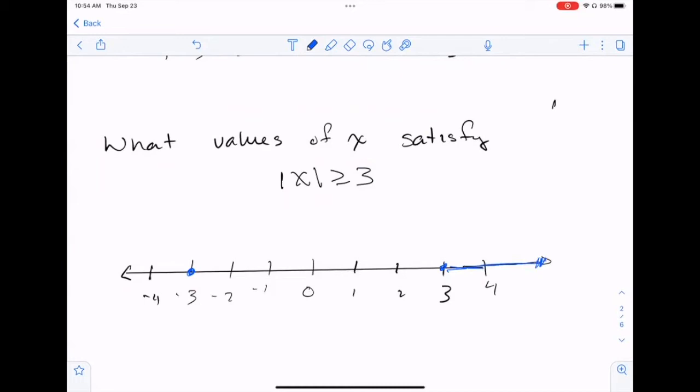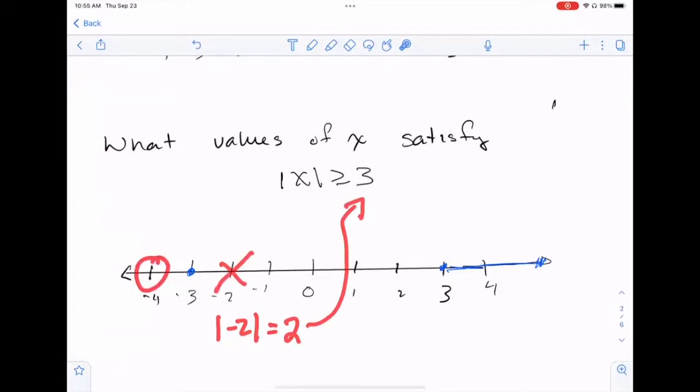And if I want my mirror image around the origin, that would pull that over to this side, and that should make sense. If I think about -2, -2 has an absolute value of 2. That is not greater than or equal to 3, so I don't want those values.